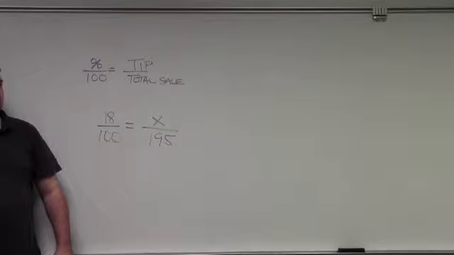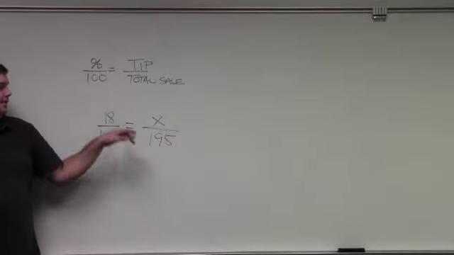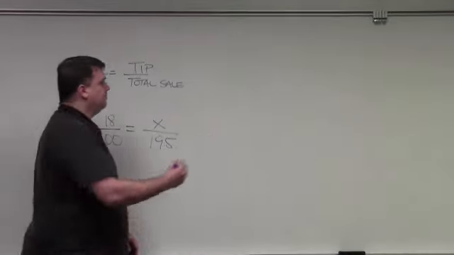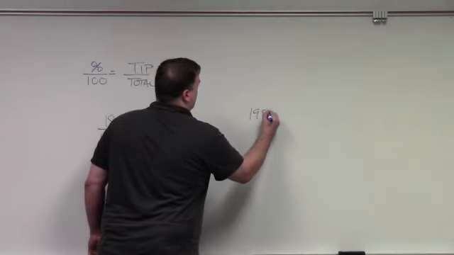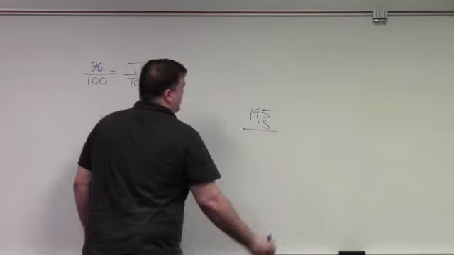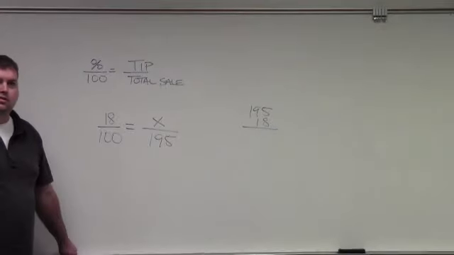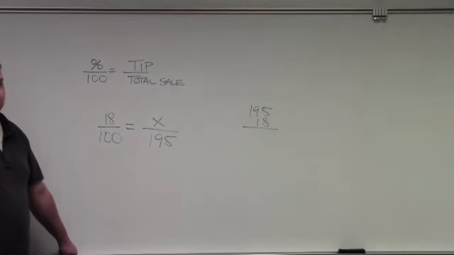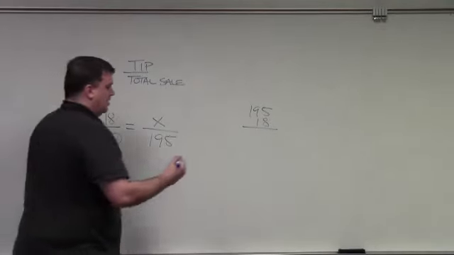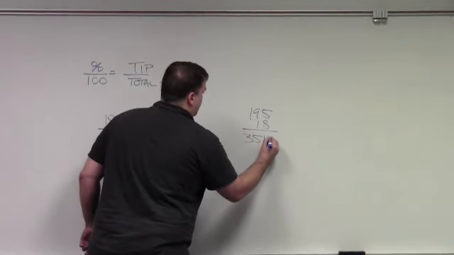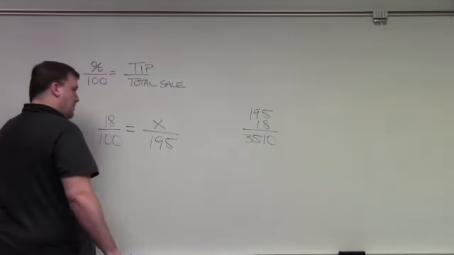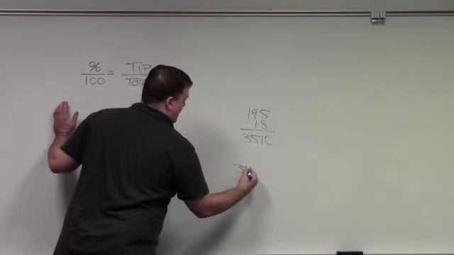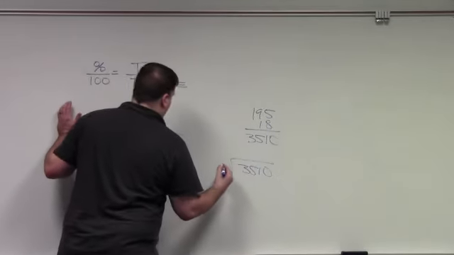What am I cross multiplying? 18 and 195. 18 times 195. I'm sure someone's already worked that out for me. 3510. And what am I going to do with that number? Divide by 100.